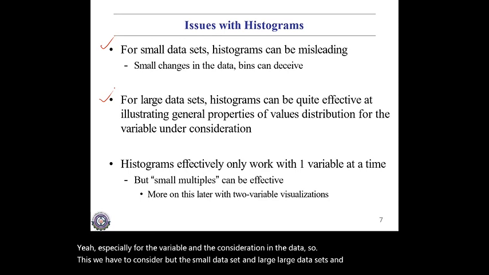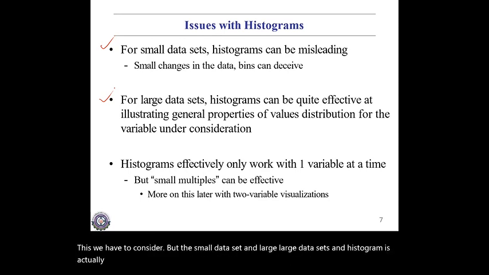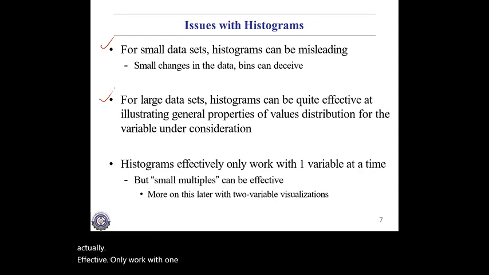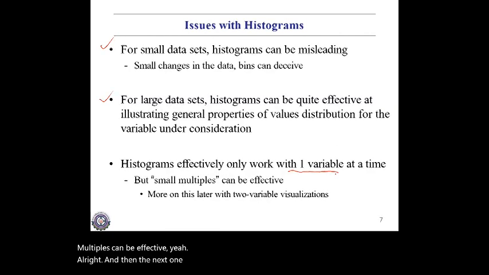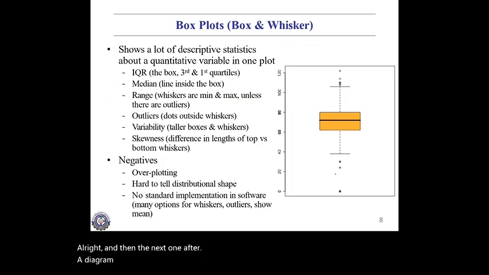A histogram is also effective only when working with one variable at a time, so we need to consider this part as well. However, small multiples can be effective. Right.